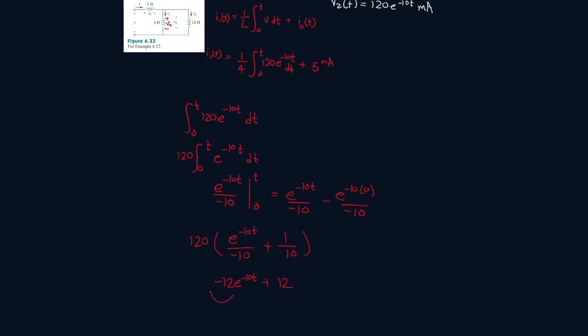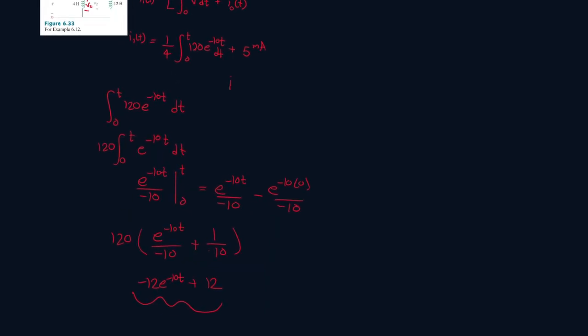So we can pretty much replace this whole thing into this region. So we now have I1(t) equals 1 over 4 times (minus 12e^(-10t) plus 12), plus 5.